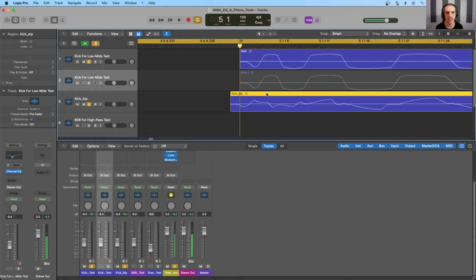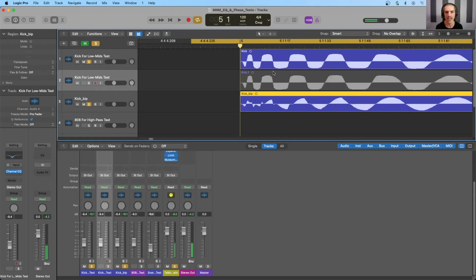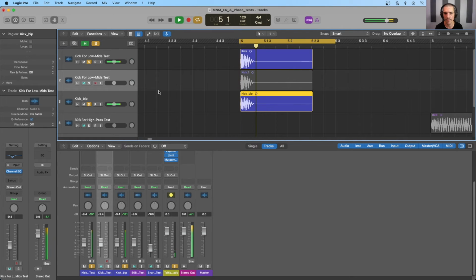Perhaps it would actually be better in the long run to have the transients more aligned to really give that big thump at the beginning. Let's listen to this. Much better sounding than the moves we made adjusting the phase toward the back end of the kick drum.